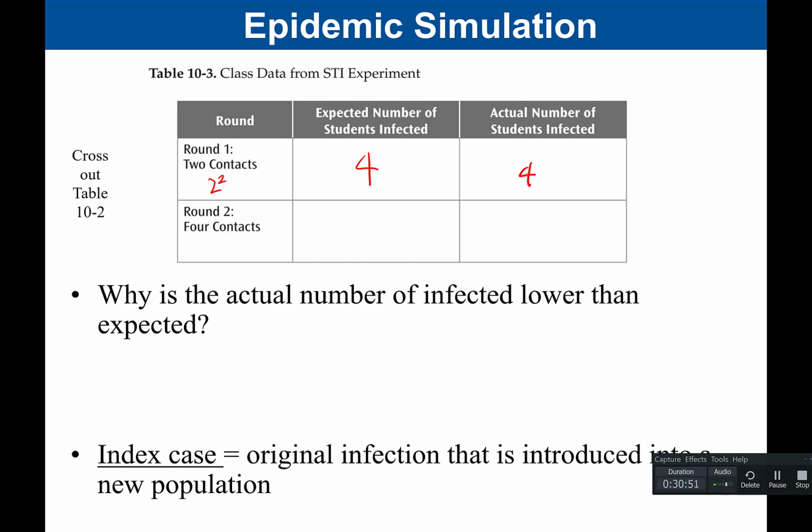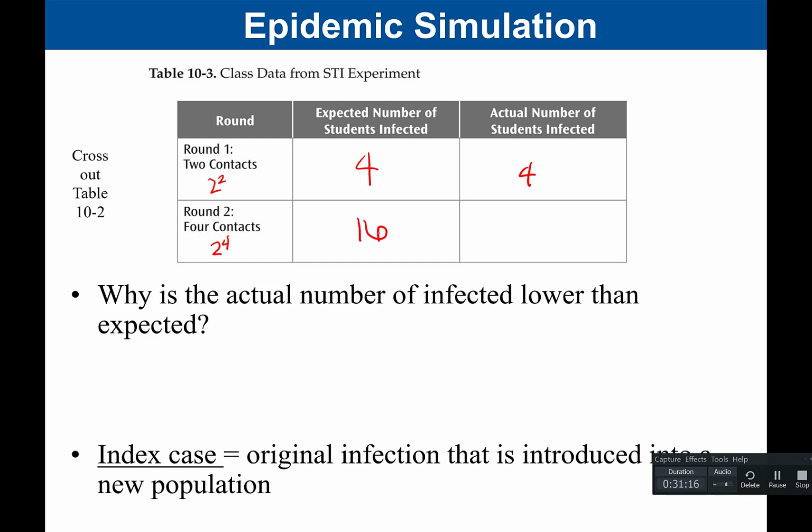In round 2, when we repeat this and we now have 4 contacts, what is our expected number of people to be infected? Well, 2 to the 4th power, right? N is the number of contacts. So 2 times 2 times 2 times 2, we expect 16.